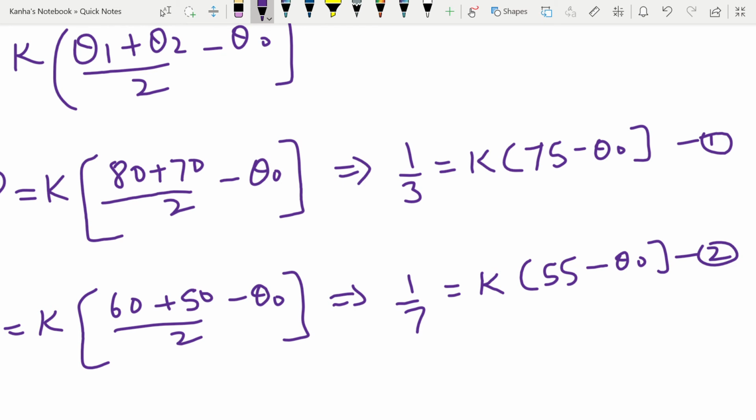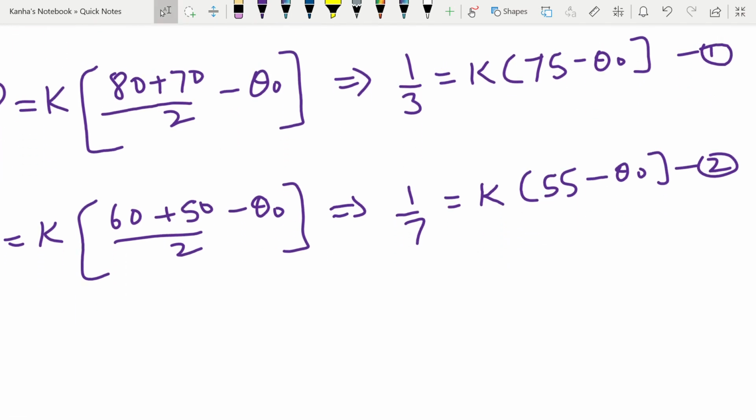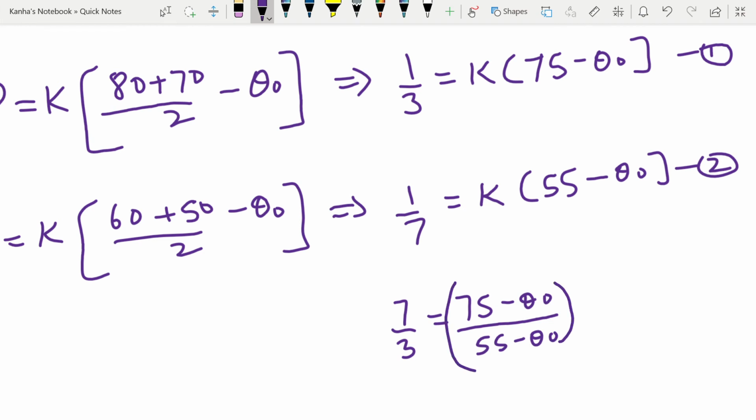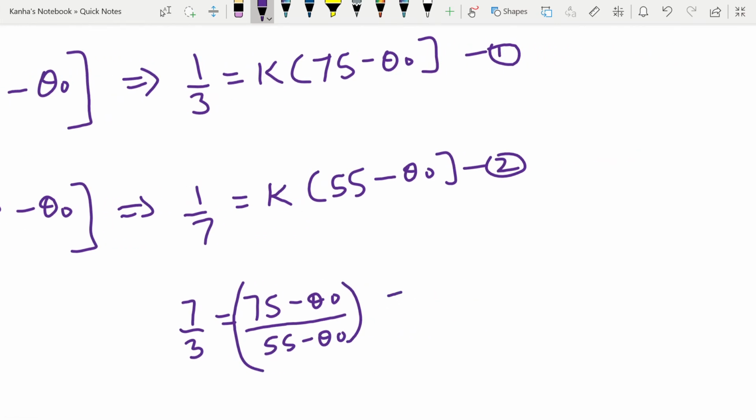If I take equation number 1 and divide it by equation number 2, I'll get 7 by 3 is equal to (75 minus theta naught) by (55 minus theta naught).